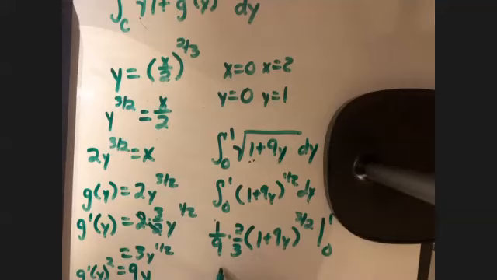So we've got 2 over 27, (1 plus 9y) to the 3/2, evaluated from 0 to 1. Okay, for that. And again, I'm going to let a calculator help me out here. So 1 plus 9.